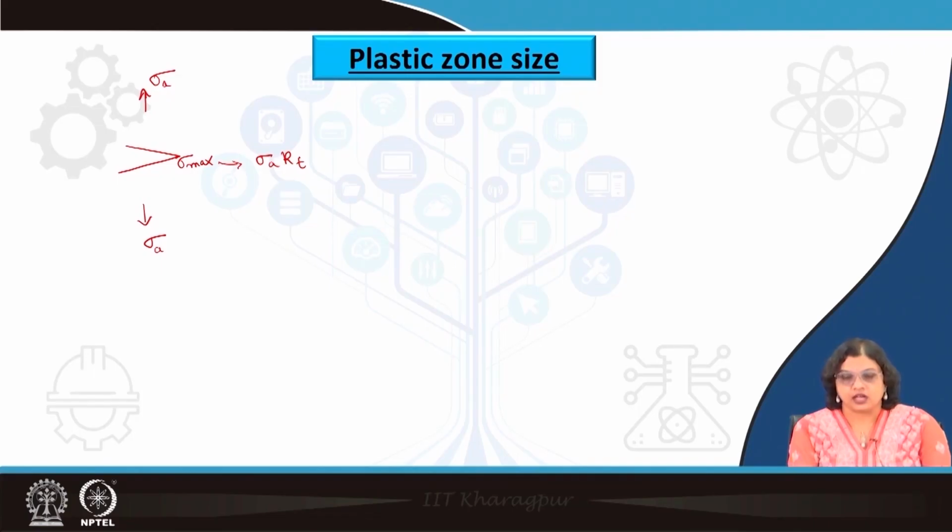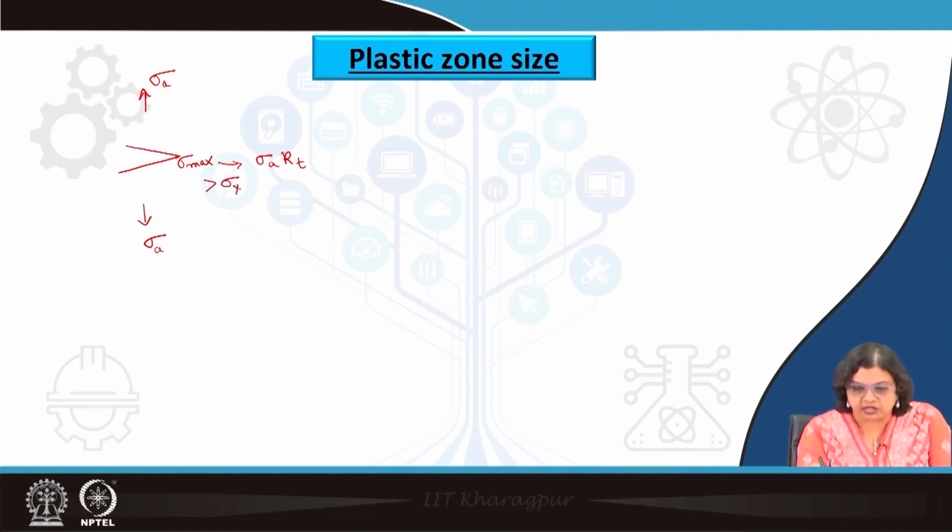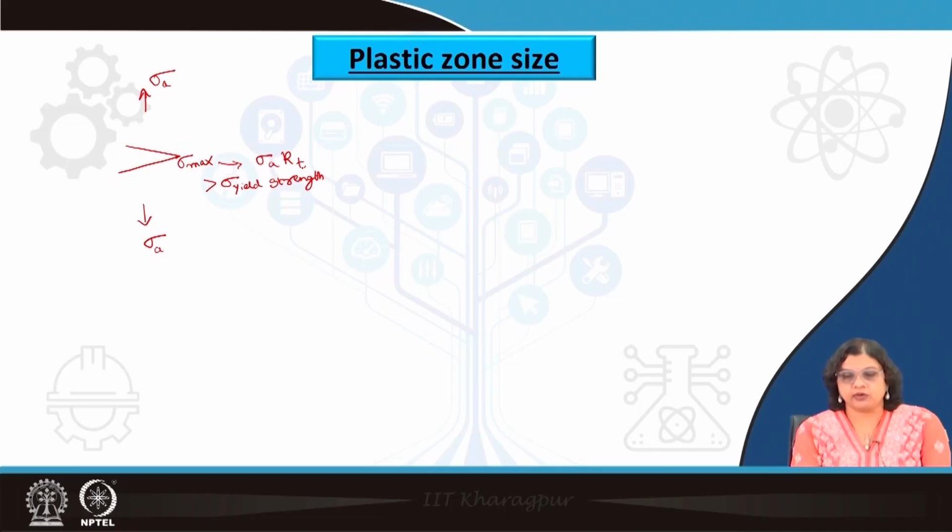That is related to the geometry of the crack, the length of the crack, the radius of curvature of the crack, etc. So, in case this sigma max exceeds the yield strength of the material, certainly there will be plastic deformation ahead of the crack tip. Now, we have also seen that at any point away from the crack tip, we should be able to figure out the stress scenario, and find out the K value.